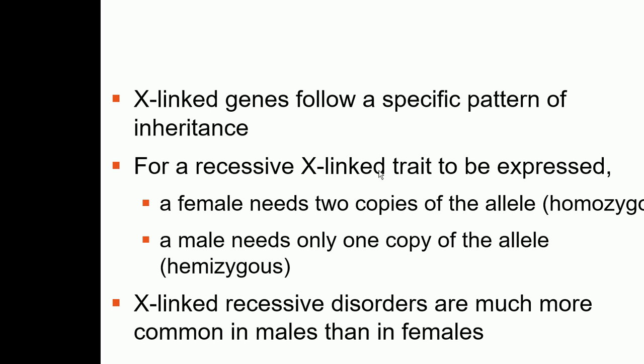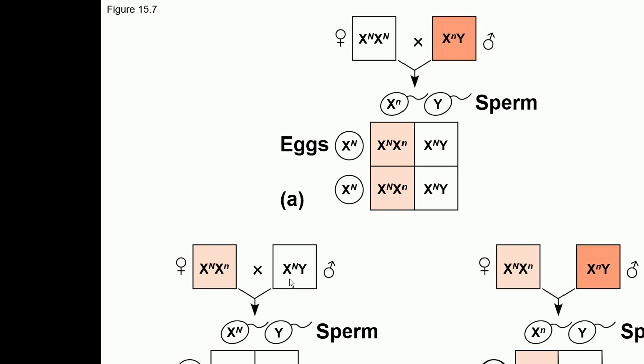She is not going to express the gene. She will show the effect only when both alleles are mutated. A male needs only one copy of the mutated allele to show its effect, because males have only one X chromosome. So X-linked disorders are much more common in males than females.